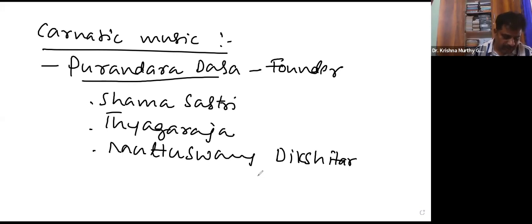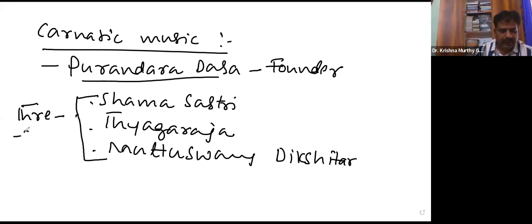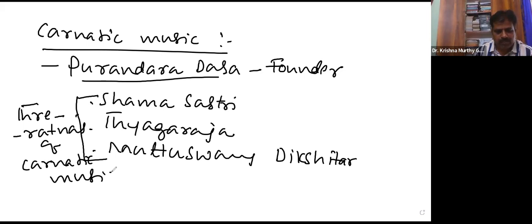These people are called the three Ratnas of Carnatic music. Three Ratnas. First Ratna, Shama Shastri. It means three gems of Carnatic music.